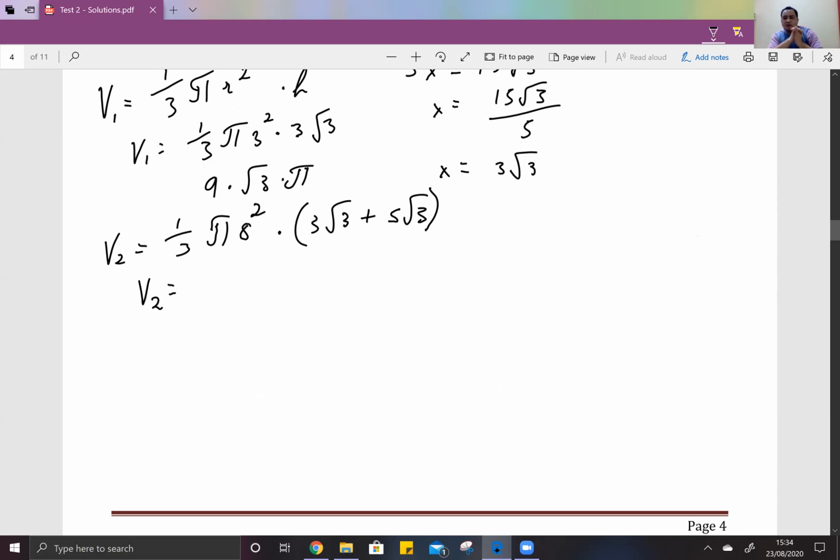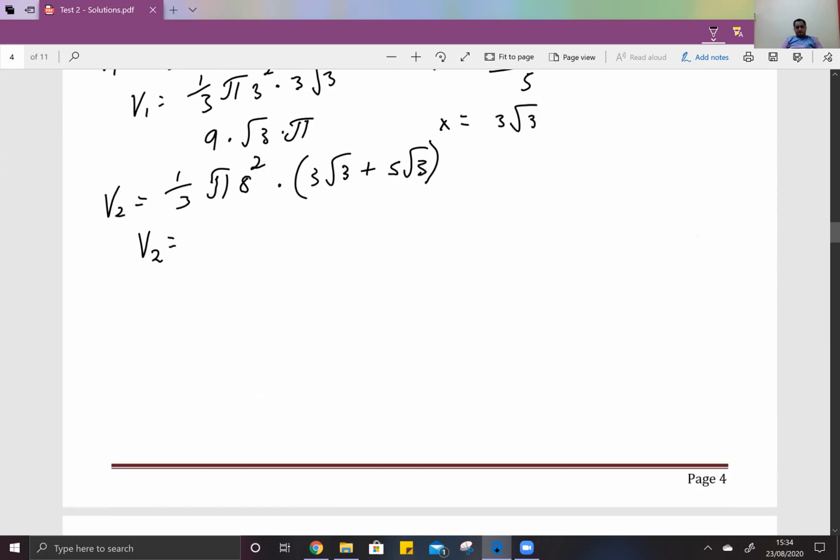Pi r squared times height. Height is 3 times square root of 3. Okay. Continue.